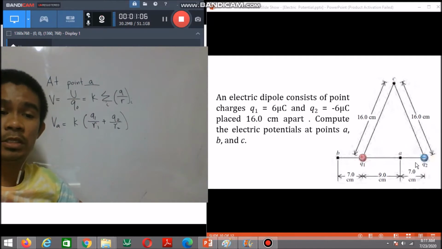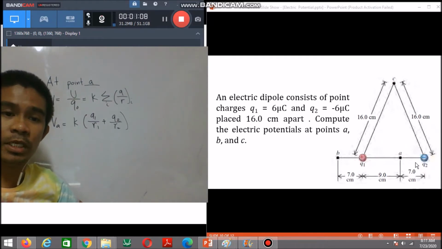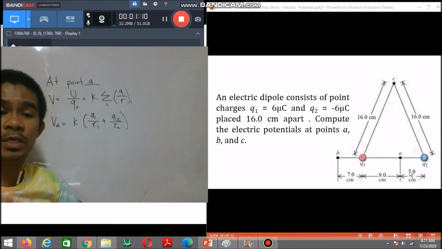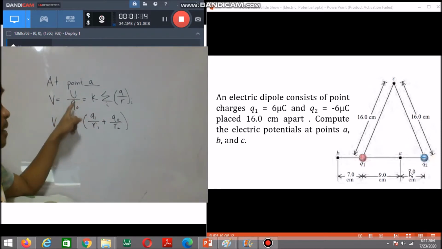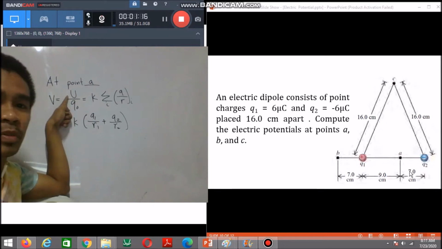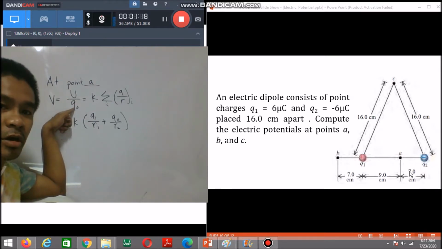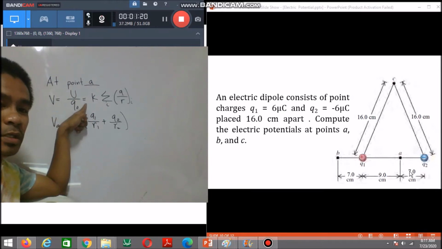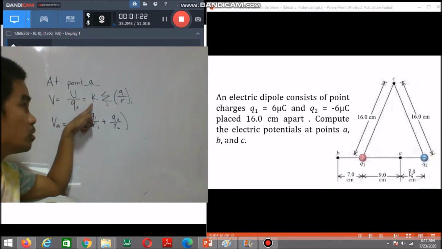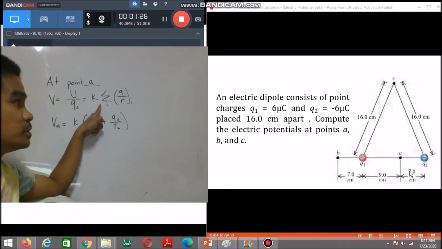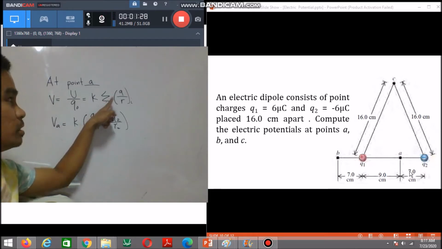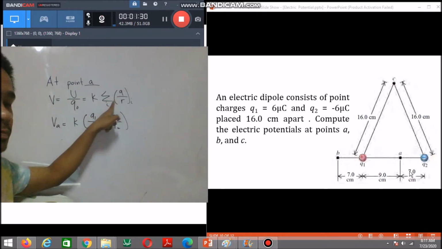Okay, so let us compute first the potential at point A. The potential can be determined by the electric potential energy over the test charge Q naught, and this one is equal to the Coulomb's constant times the summation of all ratios of charge over distance.